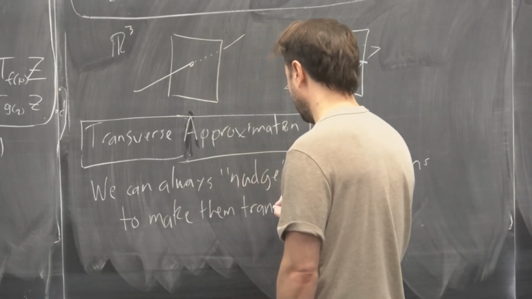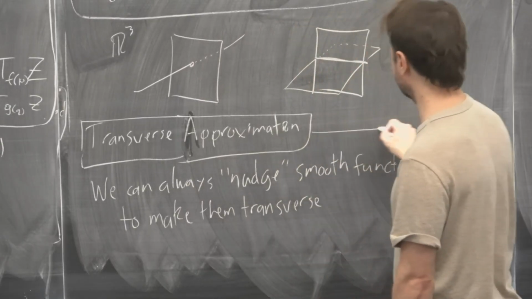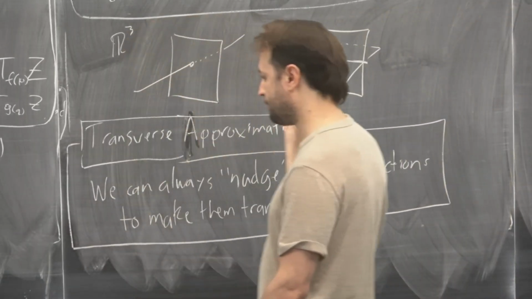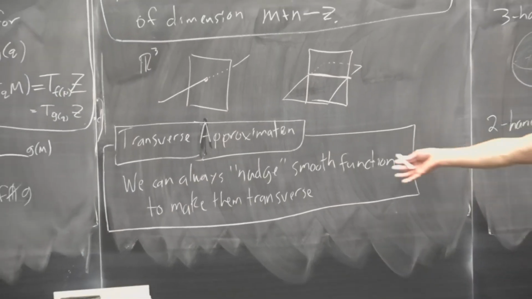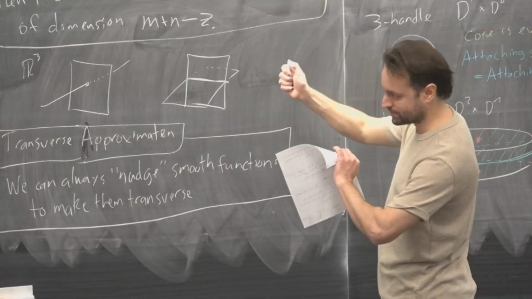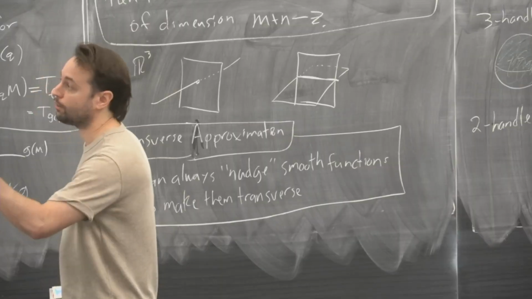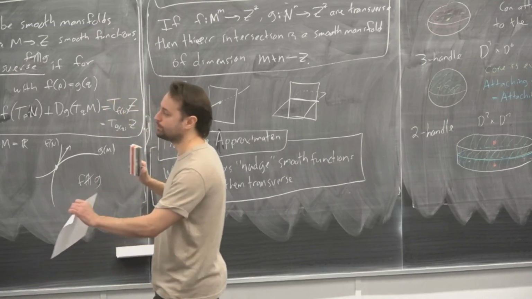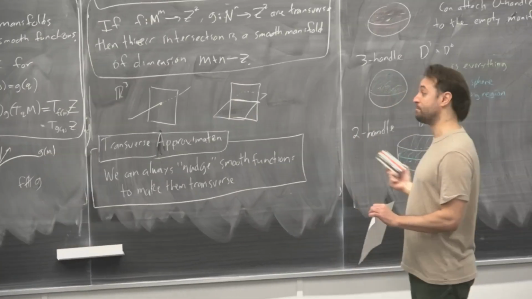In fact, if they were already transverse over some closed subset of the domain, you can leave them fixed on that spot where they're already defined. So wherever the functions are bad, you can just perturb them a slight amount to make them transverse. In particular, all of our attaching maps and belt spheres and stuff like that, we're always going to just nudge them a little bit to assume that the attaching sphere and the belt sphere are transverse.